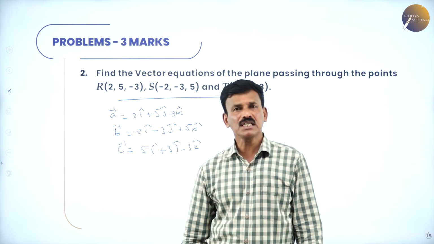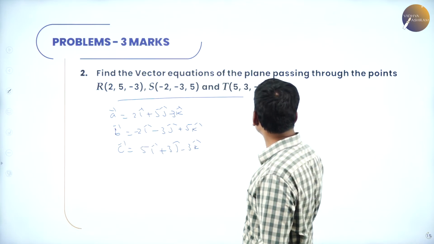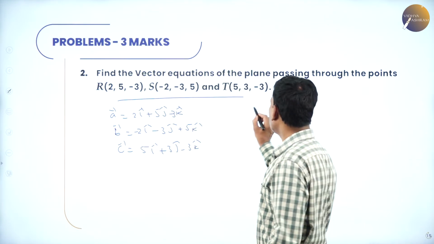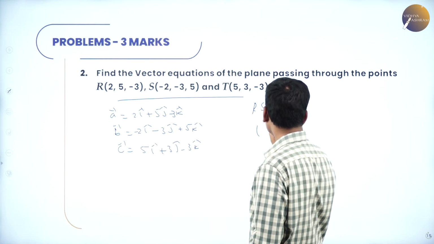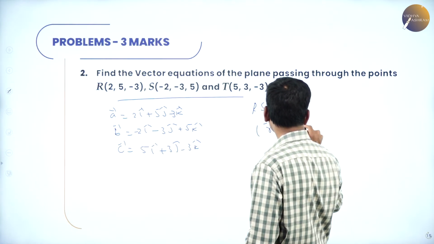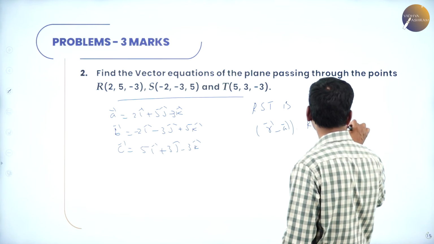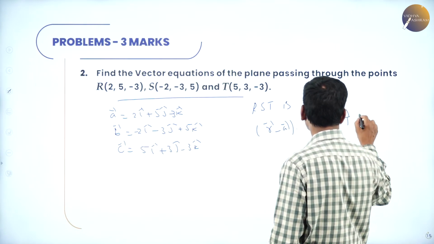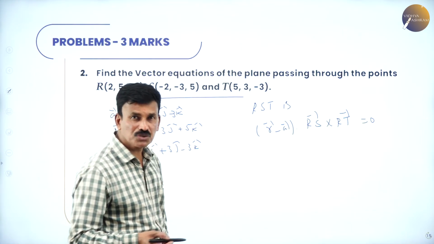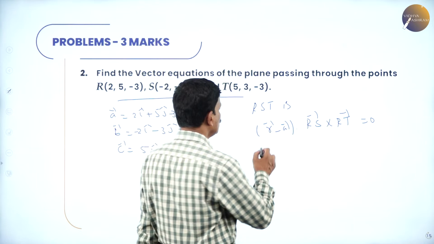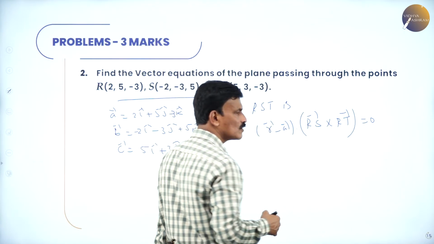Now, the vector equation of the plane passing through the points R, S and T is (r - a) · (RS × RT) = 0.